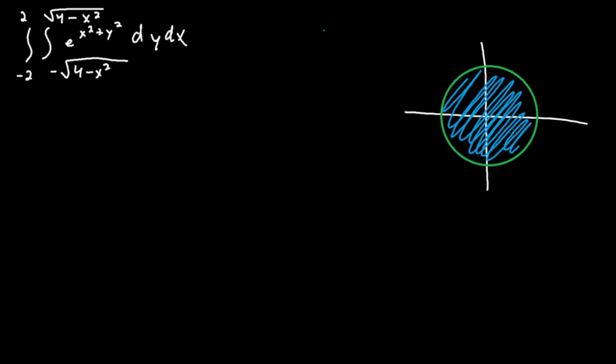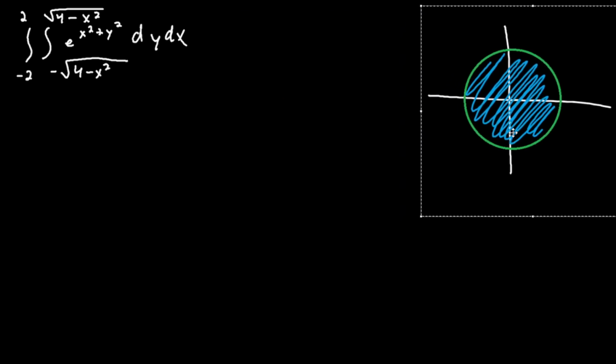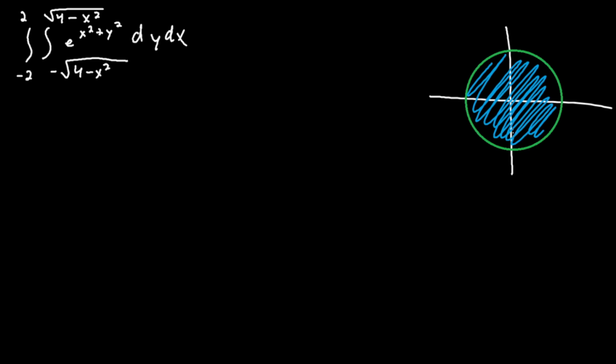Now with these functions, we can set up our integral. And this integral turned into polar coordinates is, so let's actually write out our bounds. The boundary for the radius is from 0 to 2, because our radius is 2. And the theta value is just from 0 to 2 pi, because it is the full circle.